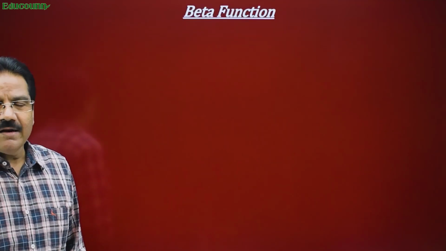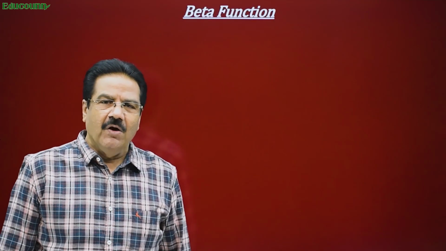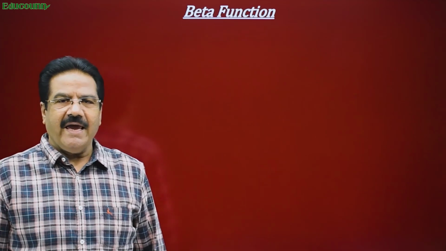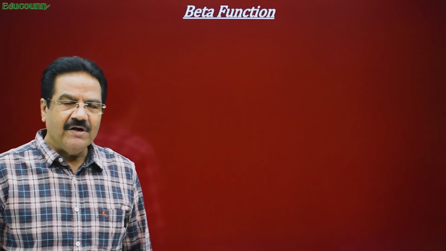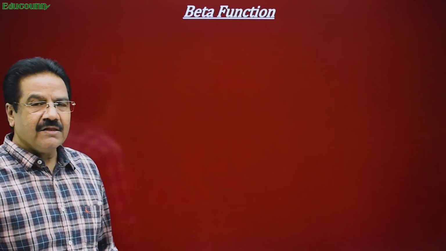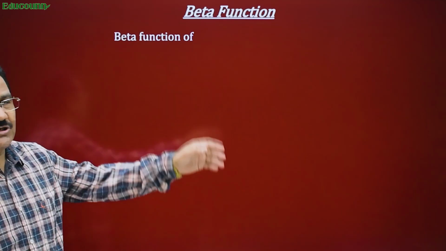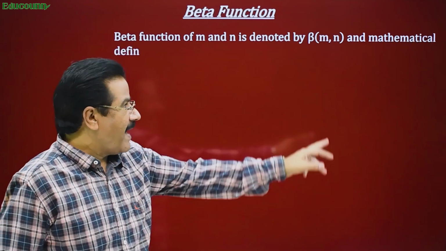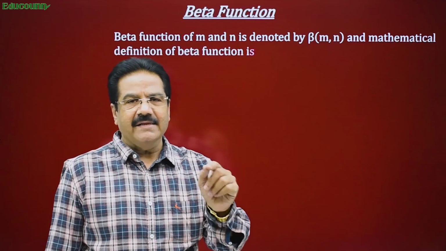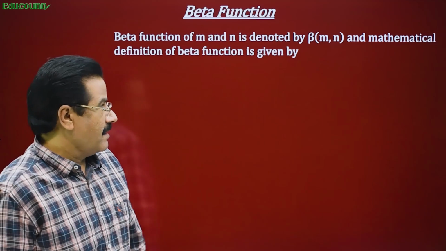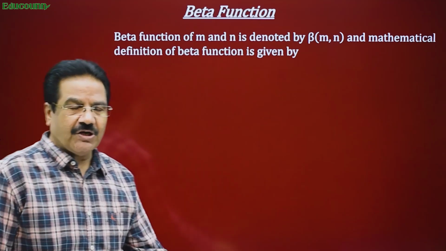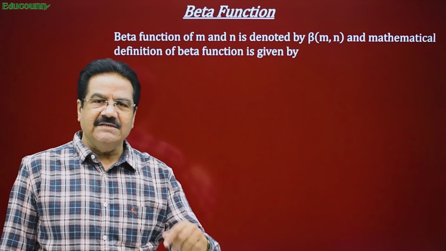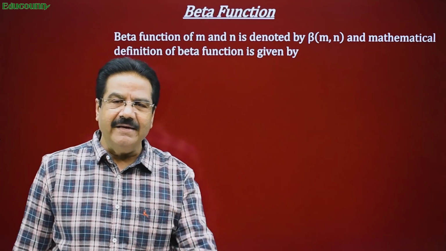Whenever we want to take the definition of beta function, we have to take two numbers m and n. First of all, we are going to study the notation of beta function. So beta function of m and n is denoted by the symbol beta in round brackets m comma n, and the mathematical definition of beta function is in the form of a definite integral.